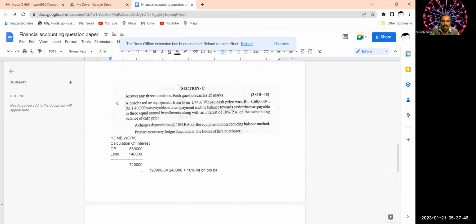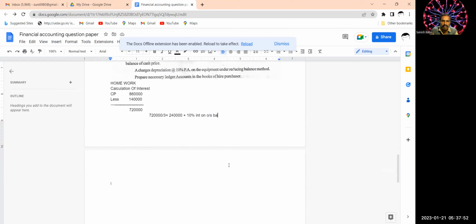So first year, 7,20,000, 10% means 72,000 interest. First year interest 72,000. Then the second year interest, 48,000. Third year interest, 24,000. If you calculate, you would get the same.